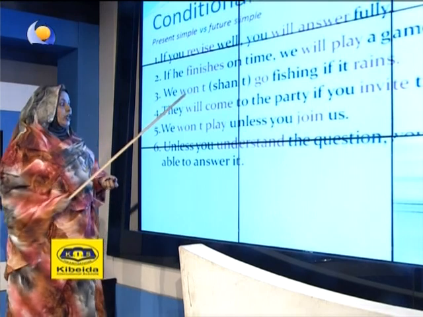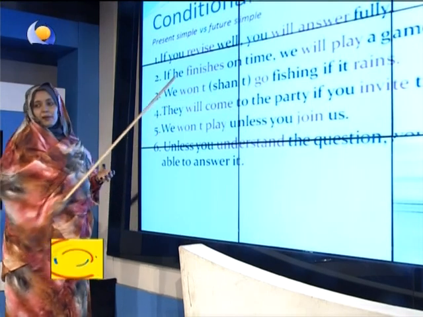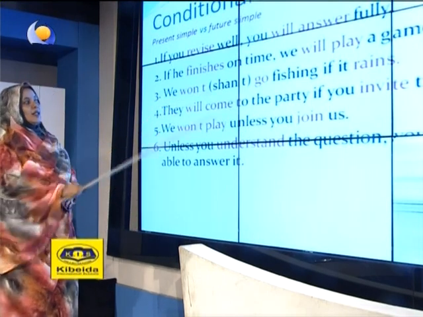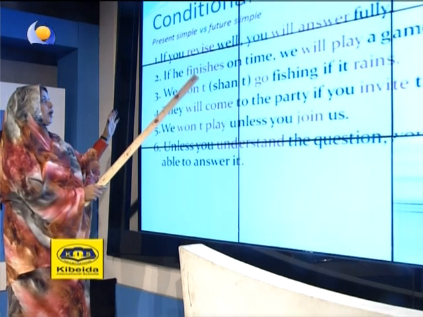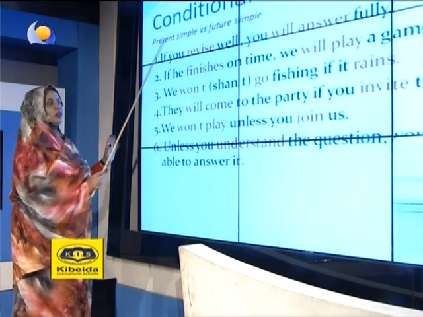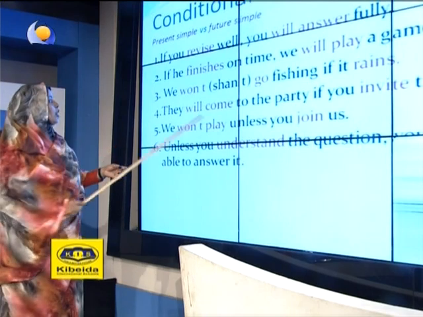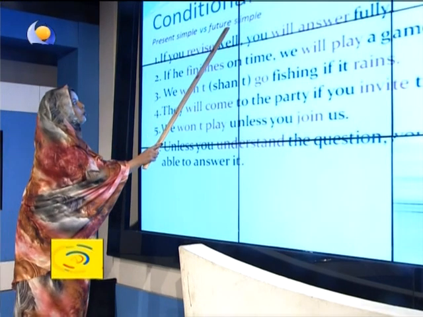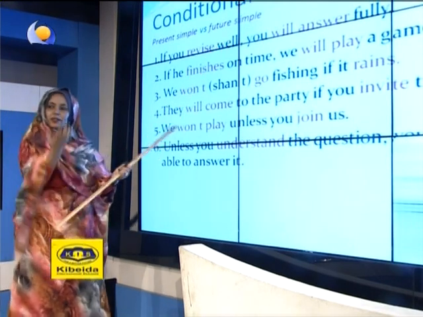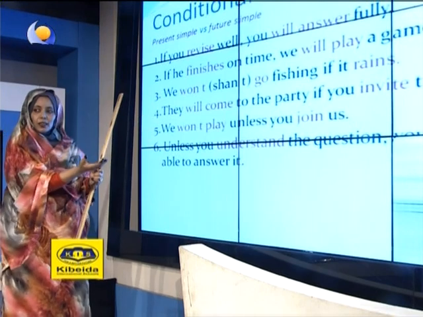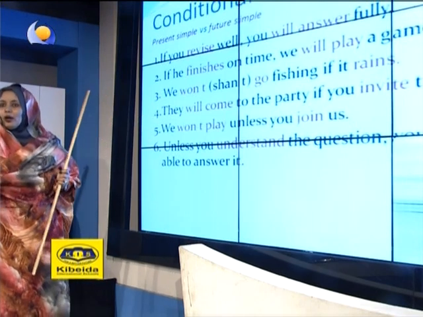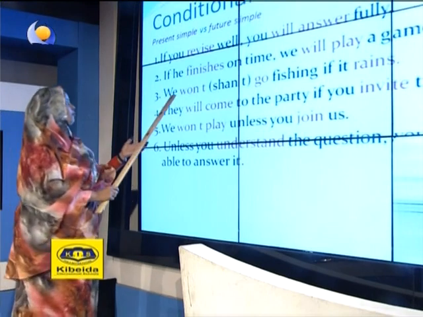Definitely, if it rains, we won't go fishing. The sentence is written with the main clause at the beginning. No problem. Whether it comes at the beginning or at the end, if it is the main clause, it is written in future simple.